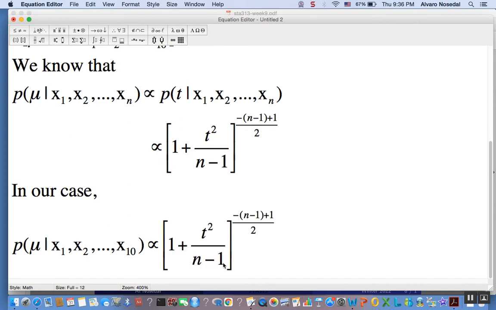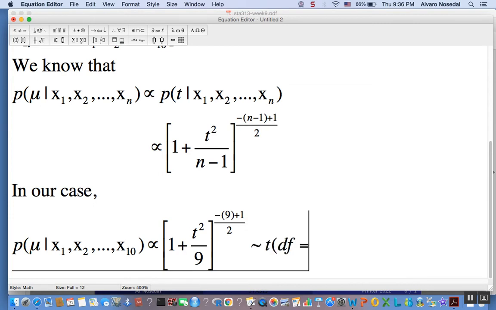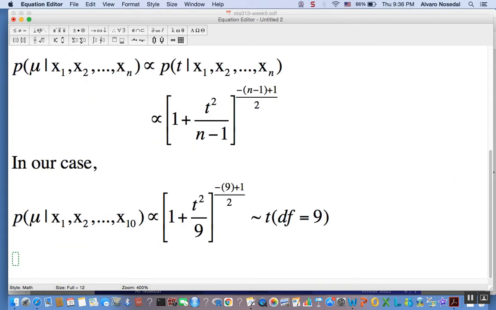Here n, the sample size, was 10. So bottom line, what we have is a t distribution with 9 degrees of freedom. And remember that we derived in detail that posterior distribution. So that's really important for what we have to do next.